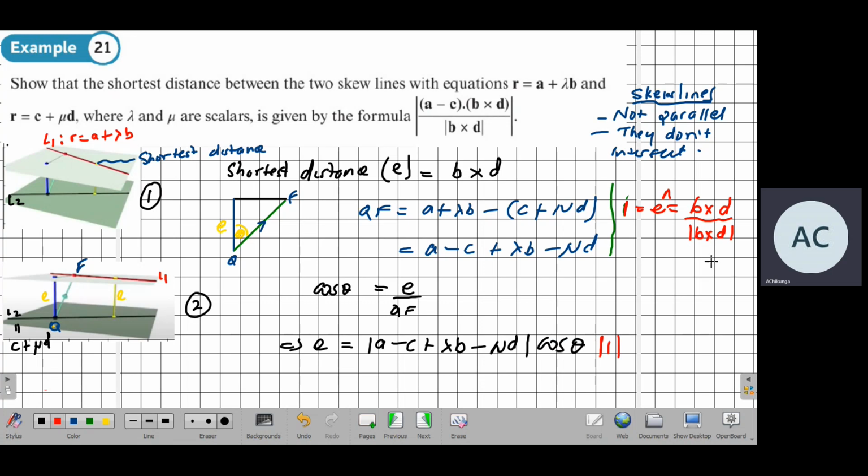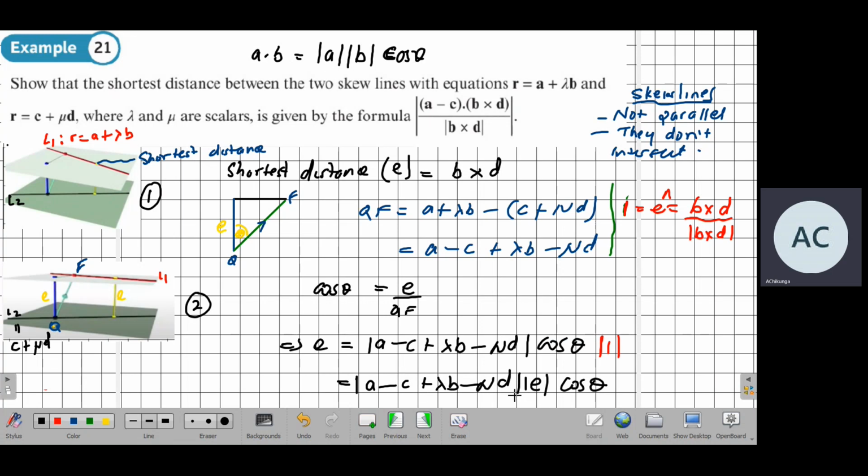So E, which is our 1, can actually be written as A minus C plus lambda B minus mu D, then E modulus of E cos theta. All right, now taking this, if you go back to the first book of vectors, we said A dot B is the same as magnitude of A times magnitude of B cos theta.